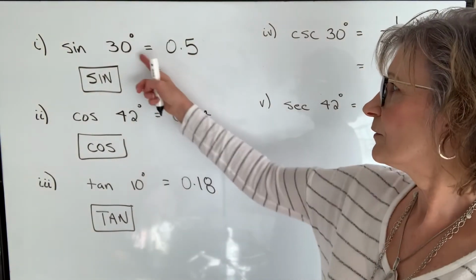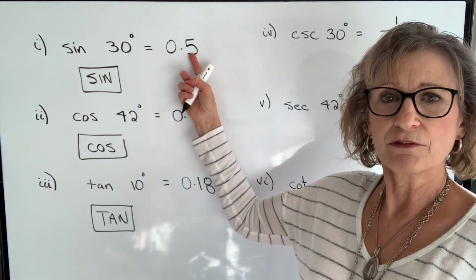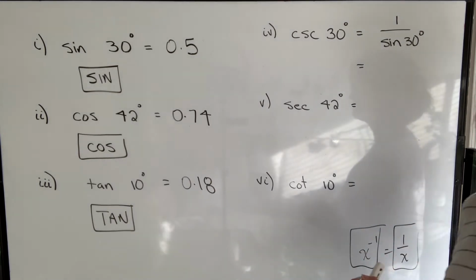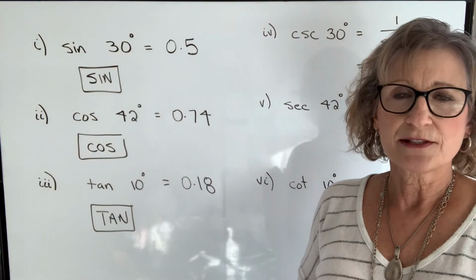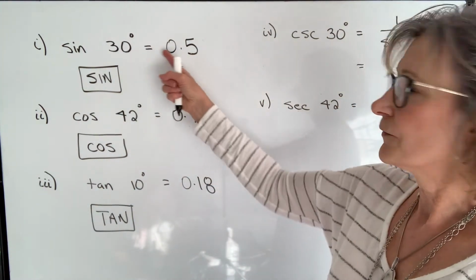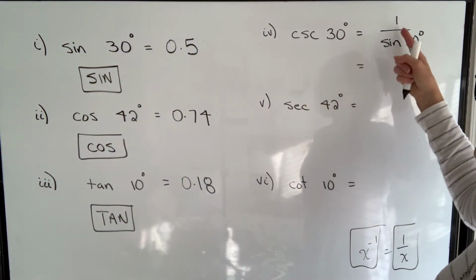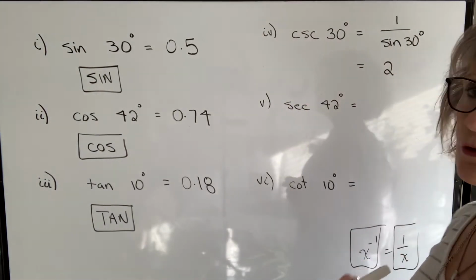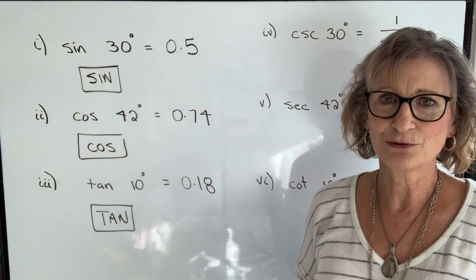So I would find the sine of 30 degrees, which is 0.5. I would use the reciprocal function, which on your calculator might be listed as x to the negative 1, or it might be 1 over x. Just press that after you get the result for sine of 30 degrees. So 1 over 0.5 is equal to 2. So that's what the cosecant of 30 degrees is equal to.